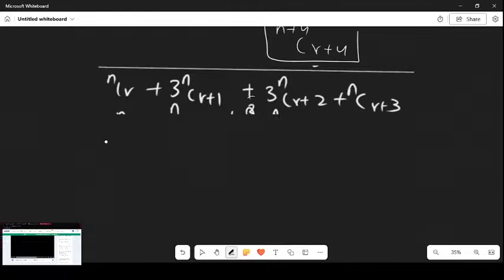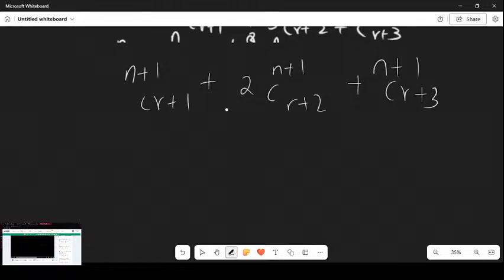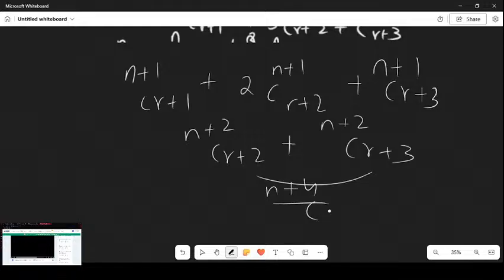We had nCr plus nCr plus 1, which could be written, I'm just gonna write directly because we already have m plus 1 Cr plus 1 plus 2 nC m plus 1 r plus 2 nCr plus 3. Now this further could be written as m plus 2 Cr plus 2 and m plus 2 Cr plus 3, which could be further written as m plus 4 Cr plus 4.